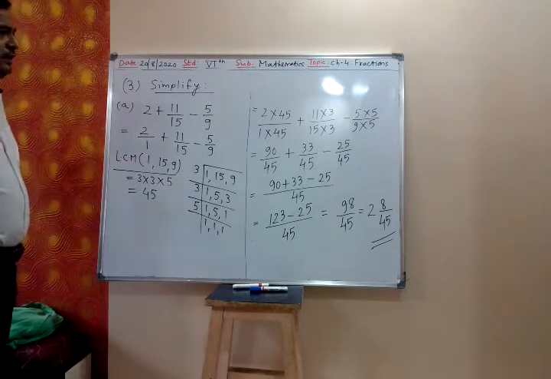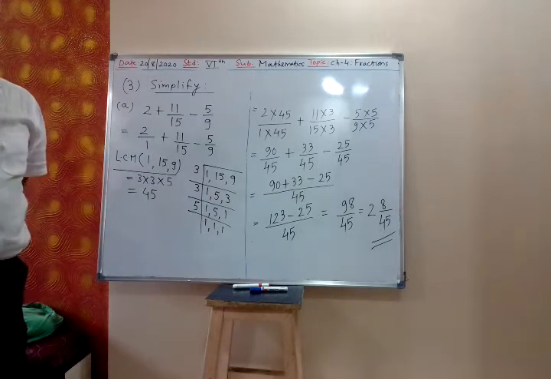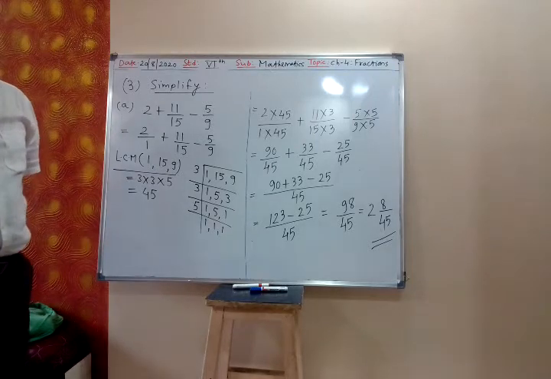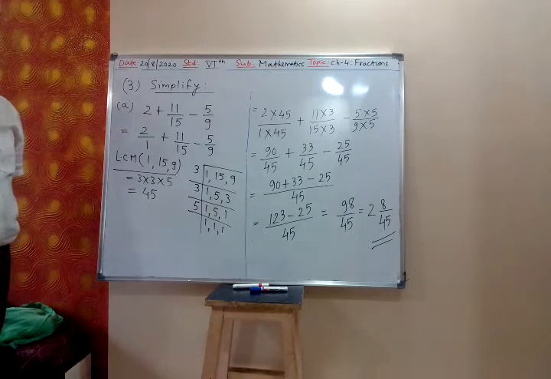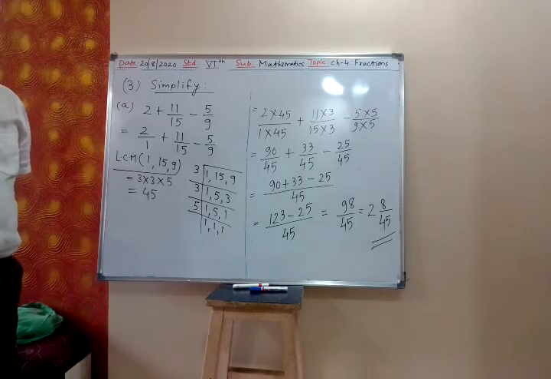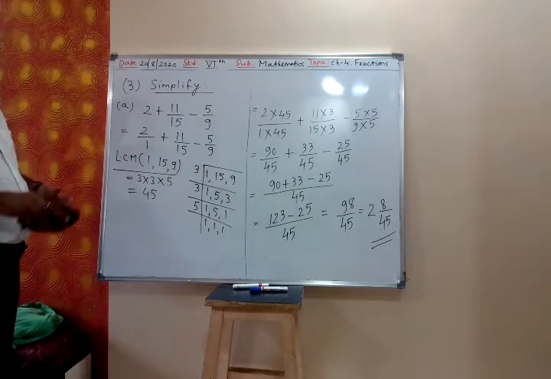So it was given 2, I can write 2 upon 1, and then we take the LCM of the denominators.